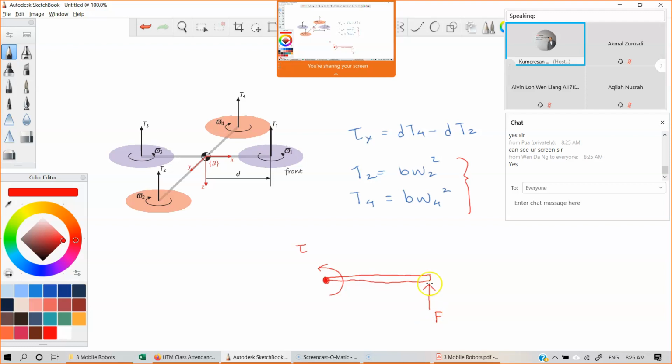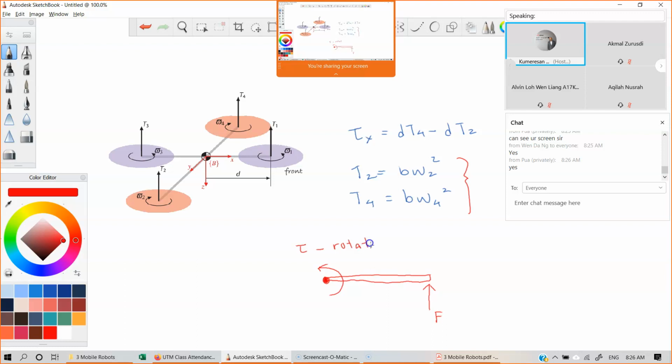So force is a linear motion, isn't it? If you apply force, an object will move in a linear fashion. Okay, but torque is what we call the rotational force.